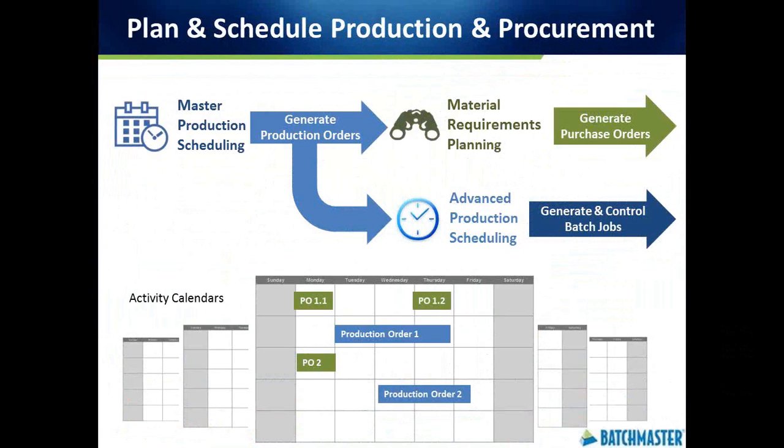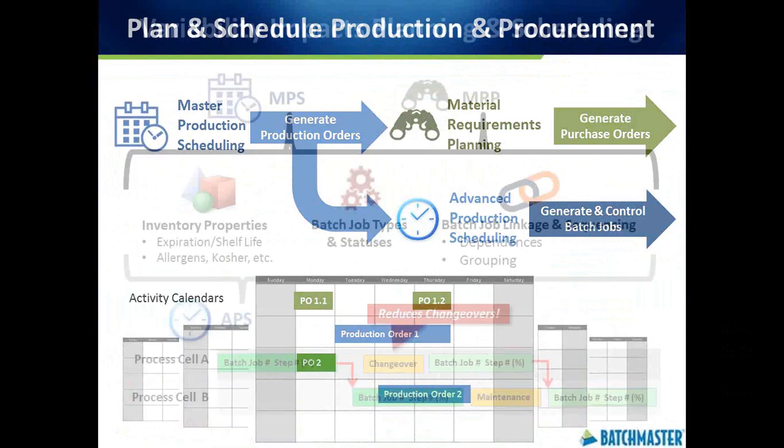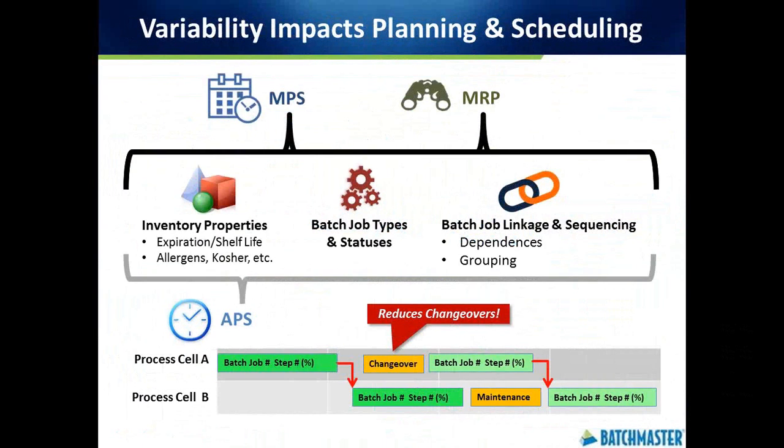Basically, you're creating various activity calendars based on the forecast horizons, and graphically you'll see that within our APS as various blocks or cells, each linked together.